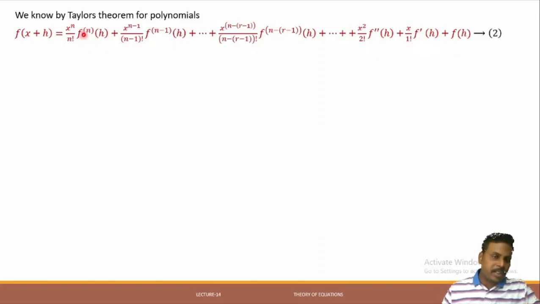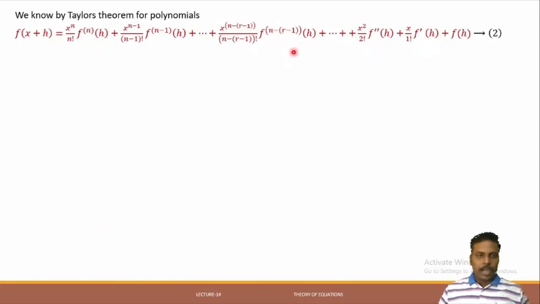Let us try to understand this. This is the first highest term, x to the power n, and the second highest term is x to the power n minus 1. Now the rth highest term means x to the power n minus of r minus 1. So this is the rth highest term in the given polynomial.